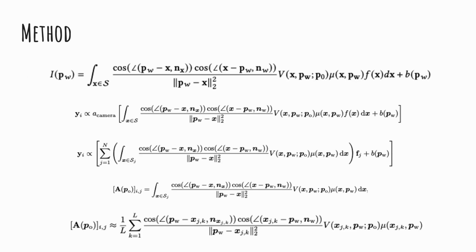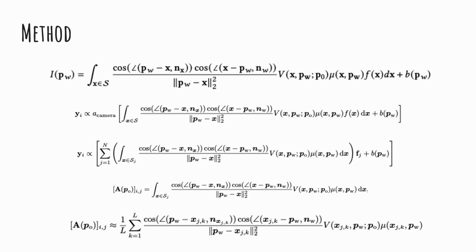The first equation here represents the gradients at a point on the wall. So the point would be PW, and X is in the hidden scene that we are trying to estimate or reconstruct. The cosine terms here represent the angle between PW minus X and the normal at X, and similarly for the other cosine term.